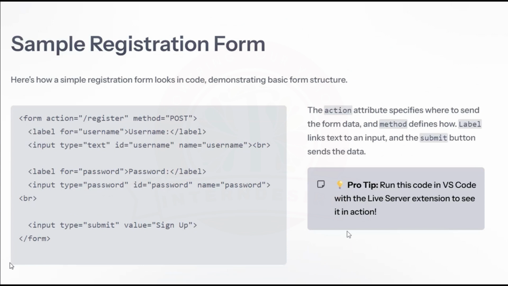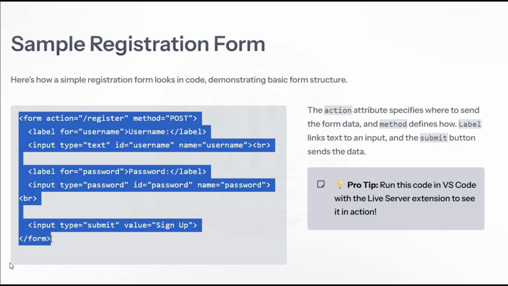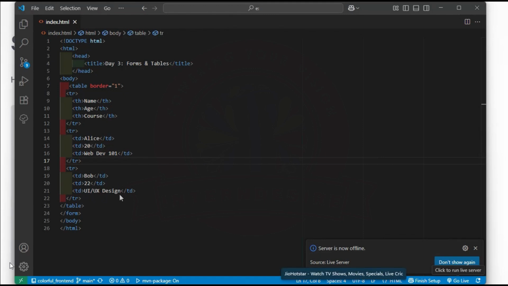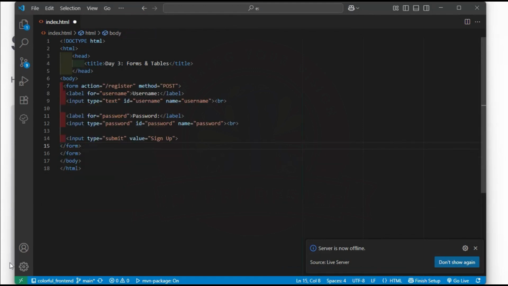So here's the sample registration form. Let's copy the code and paste it in VS Code and check how to design it. Just copy it, paste it, save it, and see the output.